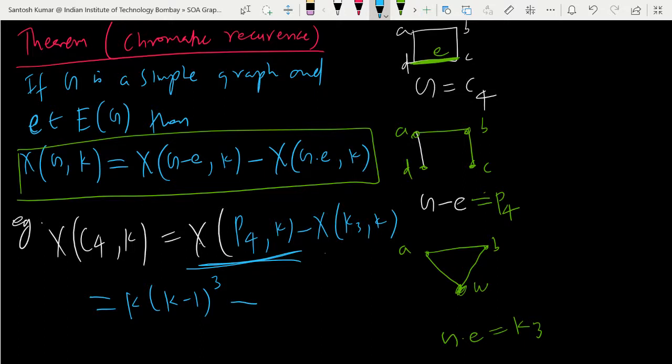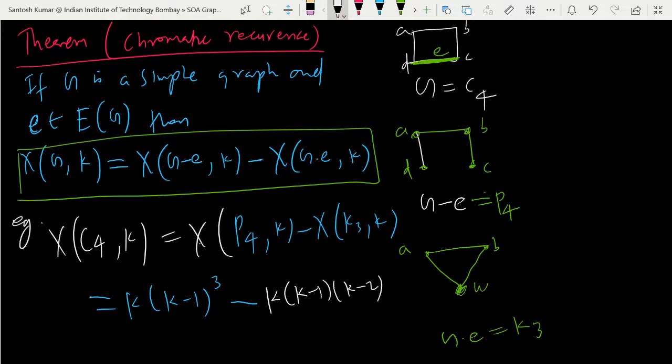Minus, what is the chromatic polynomial for K3, the complete graph? K into K minus 1 into K minus 2.